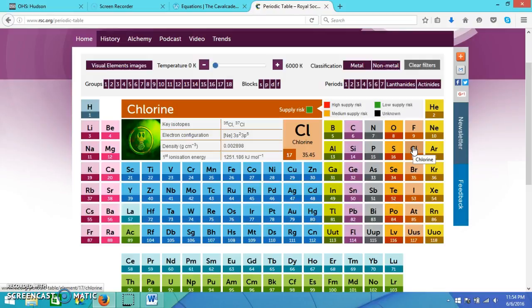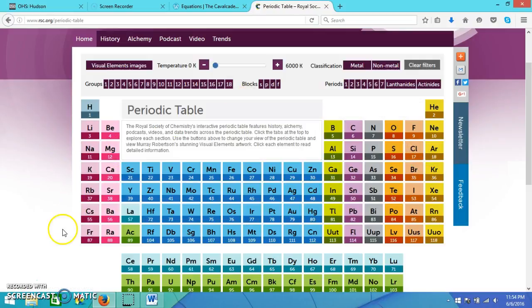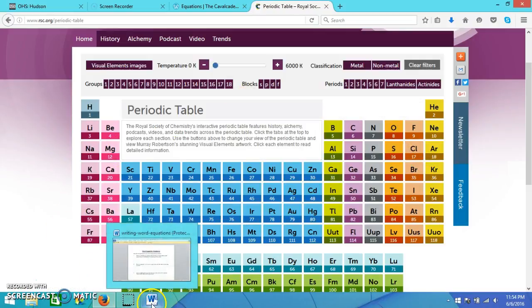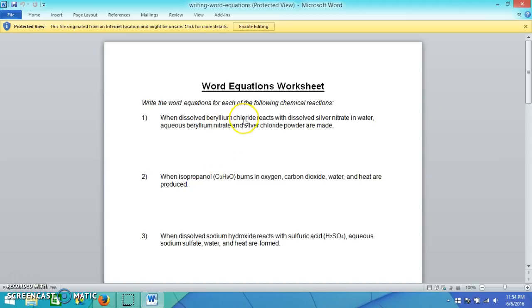Because it's ionic, we have to think about beryllium and chlorine as ions, because that's going to determine the correct formula. So, a lot of times when people are just trying to guess, they might be saying, oh, I've got beryllium chloride, that's going to be BeCl. That's the formula.